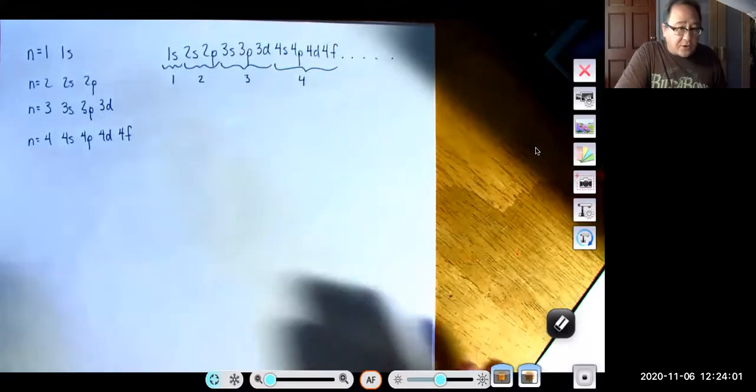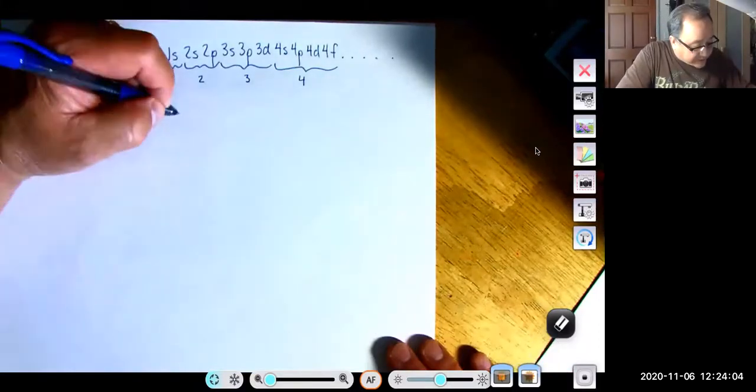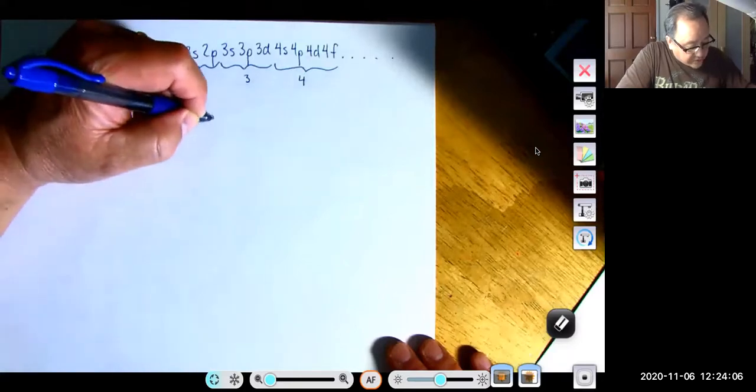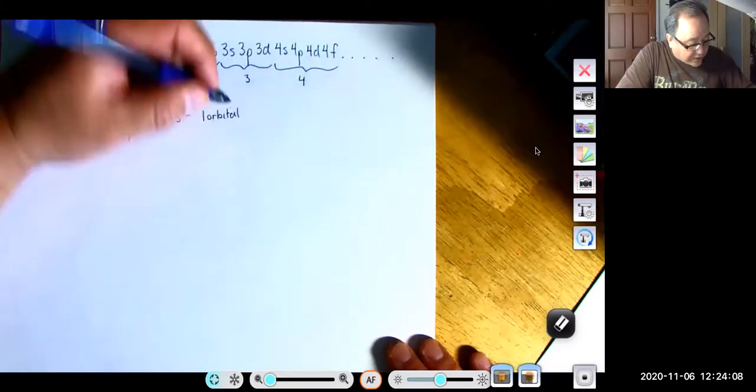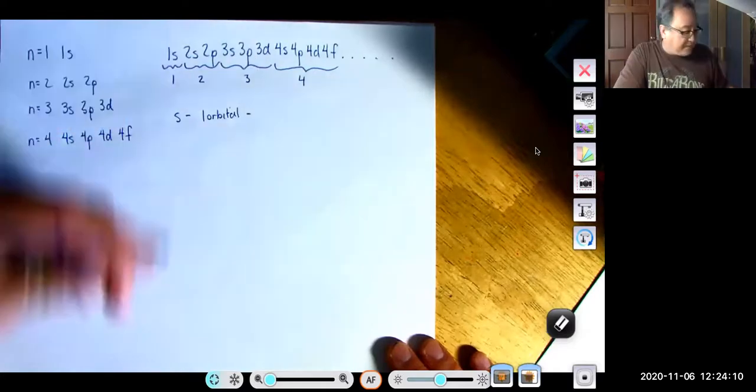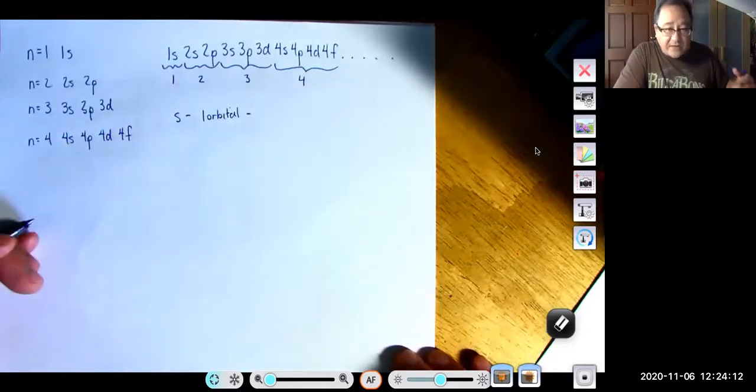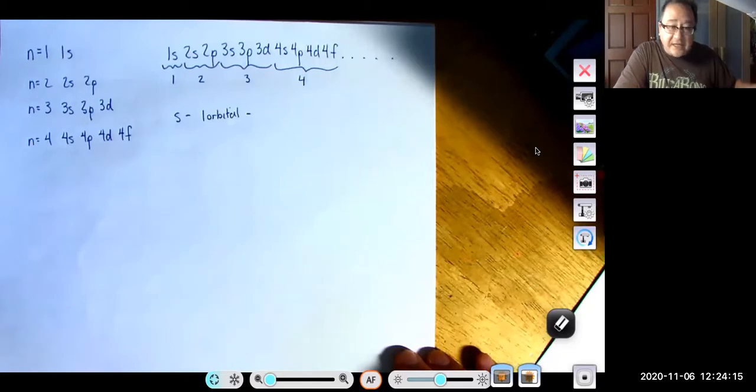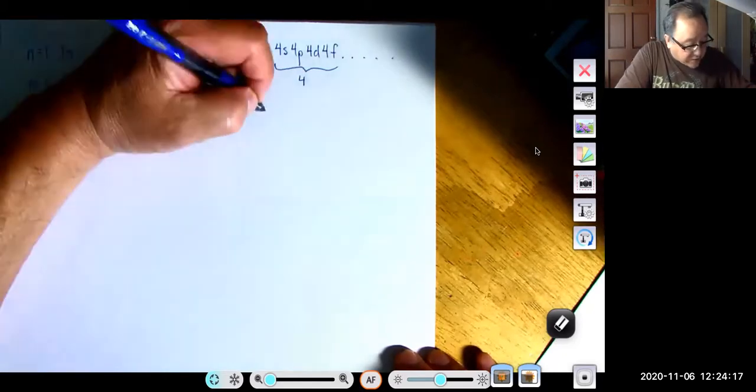Now, it's also important to know that when you have an S subshell, this has one orbital, which according to the Pauli exclusion principle, it says every electron has to have a unique set of quantum numbers. This can have 2 electrons maximum.